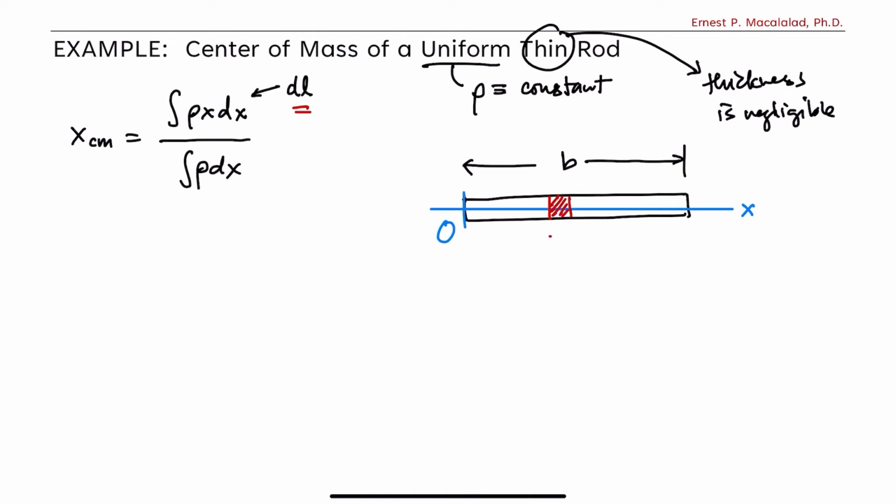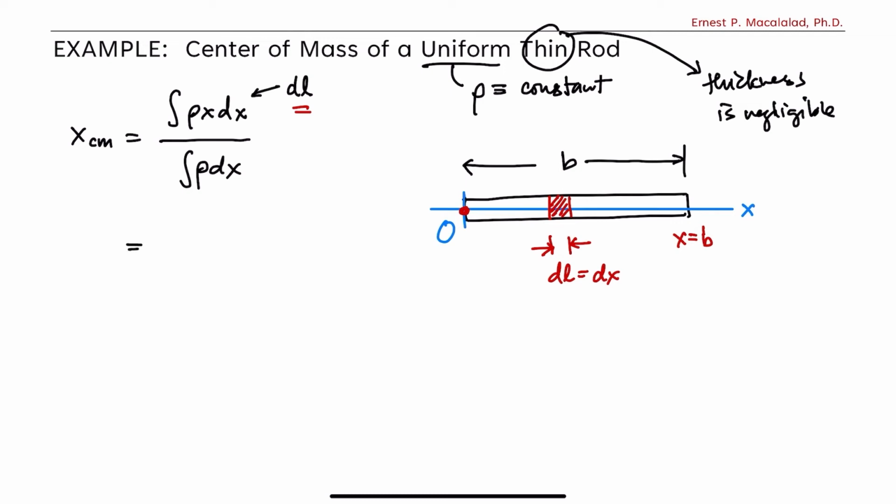So this element will have a differential length dl, which is dx. Okay, so what will happen is we're going to integrate from this point, origin, to x equals b.